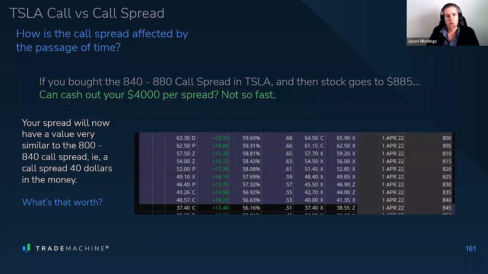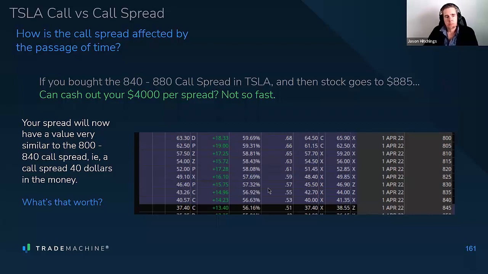So in order to figure out what a $40 in the money call spread is worth, we can look at the options montage. And we can say, okay, I'm buying the 840, 880, hoping it's going to be worth in the money by $40. But what is an option spread worth that's $40 in the money now?